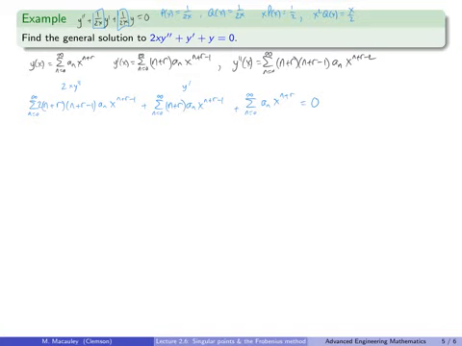So now, first I'm going to combine these two terms. Actually even before that, here's what I'm going to do. I'm going to factor out x to the r, because we have that in everything. We don't need that. Now I'm going to combine these first two terms, the sum from n equals 0 to infinity. Now what's left? We have a bunch of n plus r's here, and we got one n plus r here.